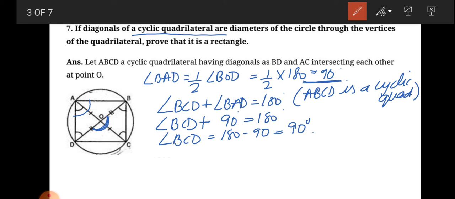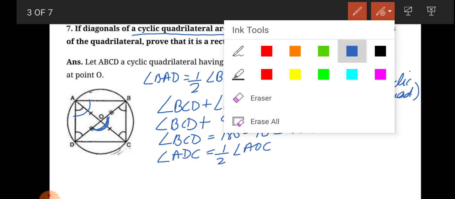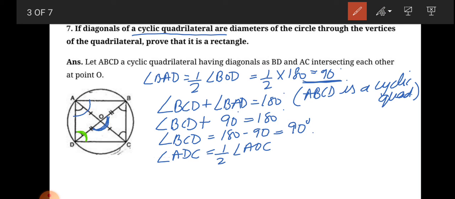Now, similarly angle ADC is equal to half of angle AOC. So half of the value of angle AOC, which is 180 degrees, is 90 degrees.